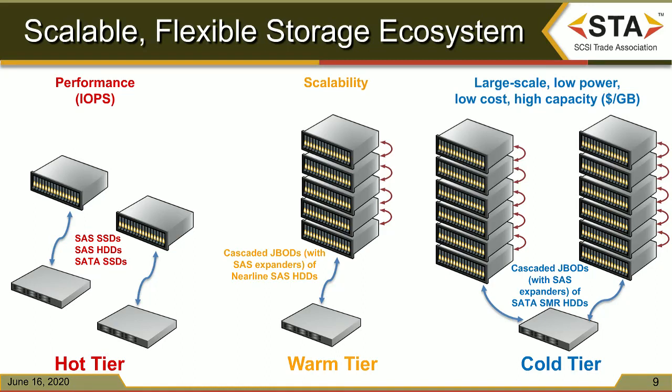In my example, I show a compute node connected to a cascade of JBODs, again using SAS expanders with SATA or possibly SATA SMR HDDs to optimize for that cost per gigabyte. Again, using my shopping example, things like your order history, which are rarely or never accessed but need to be saved, would be stored in a cold tier like this.